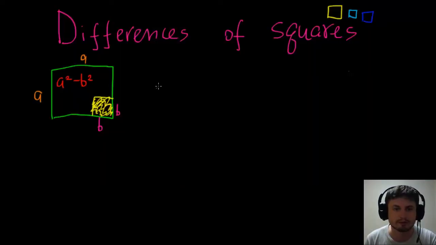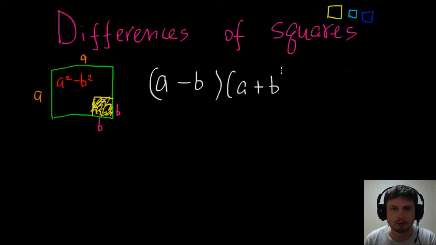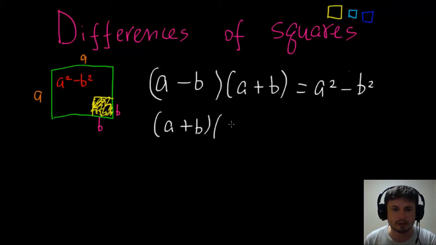So I'll just summarize this again. Basically, A minus B times A plus B will always equal A squared minus B squared. And likewise, A plus B multiplied by A minus B will give you exactly the same thing, A squared minus B squared, because we just switch these two terms.